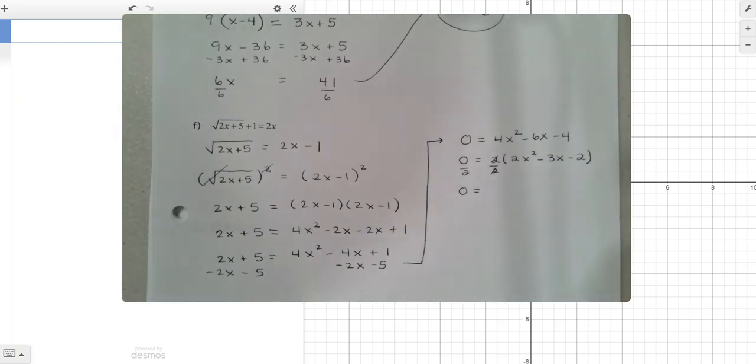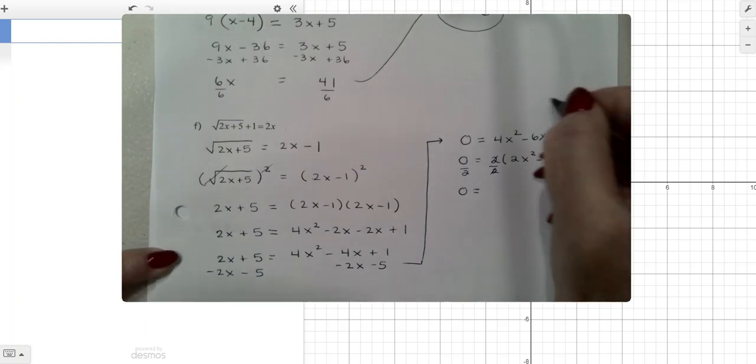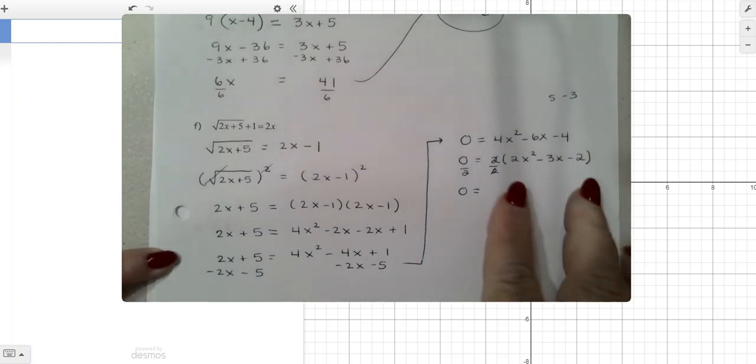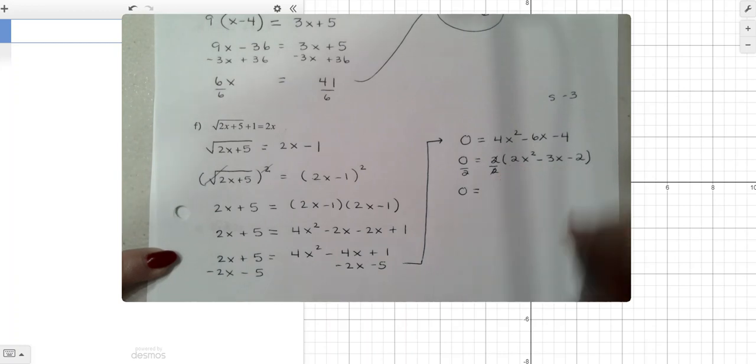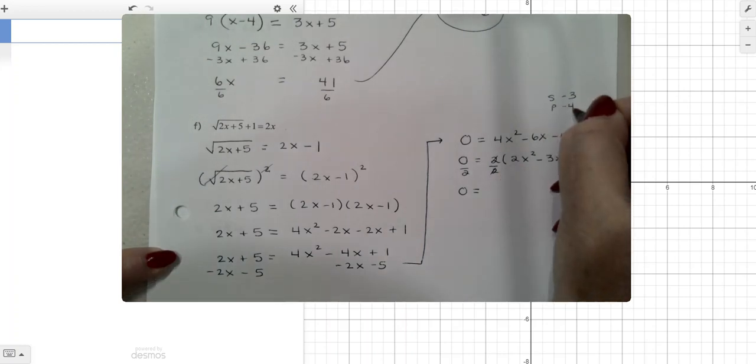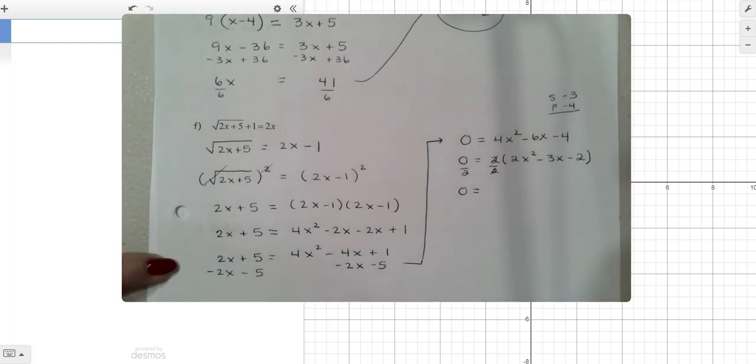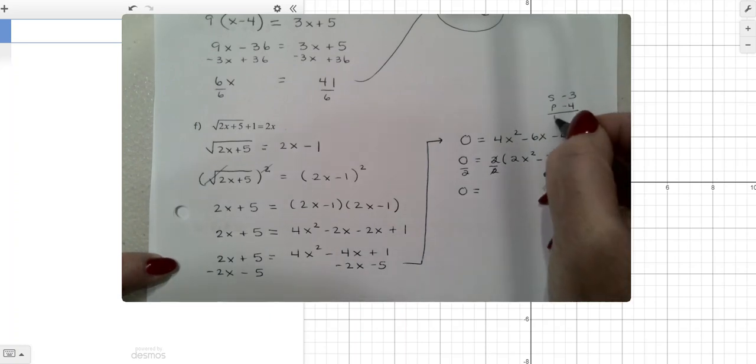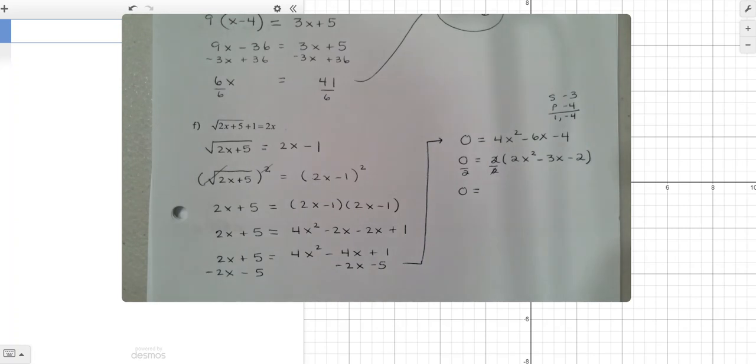And then I'd like to see if I could factor that anymore. Let's see, I would need a sum of negative 3 and a product of negative 4. So how about positive 1 and negative 4.